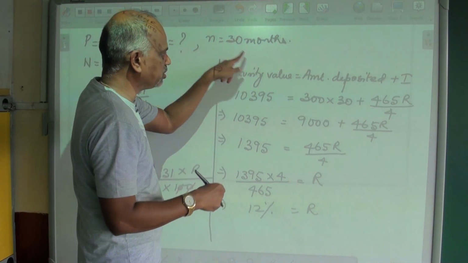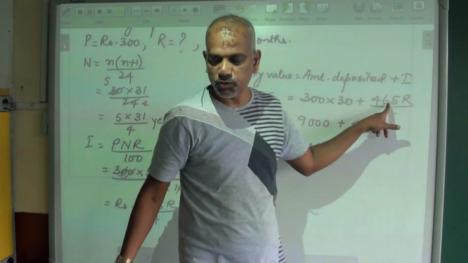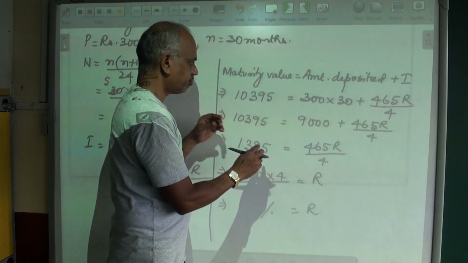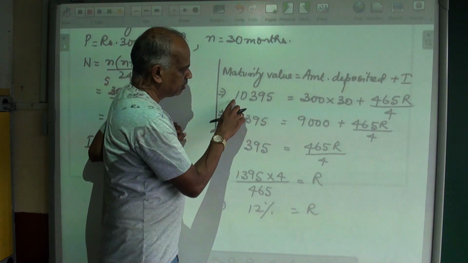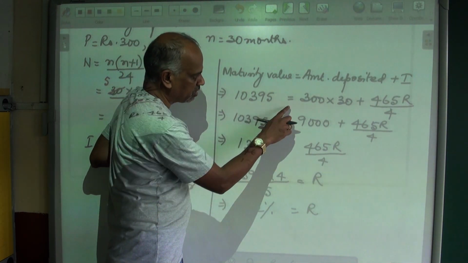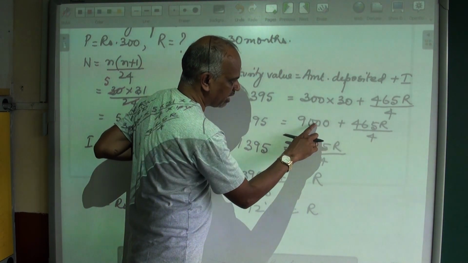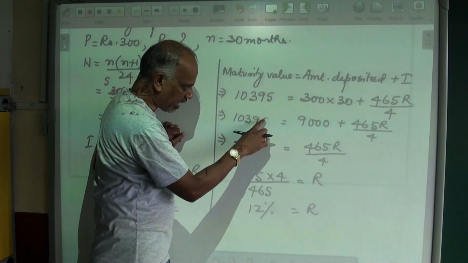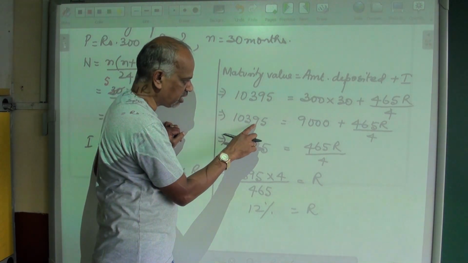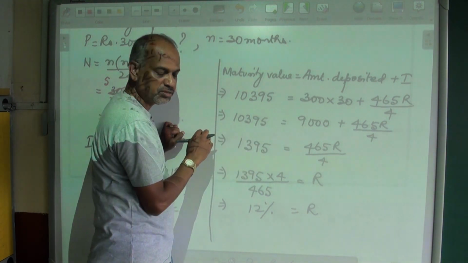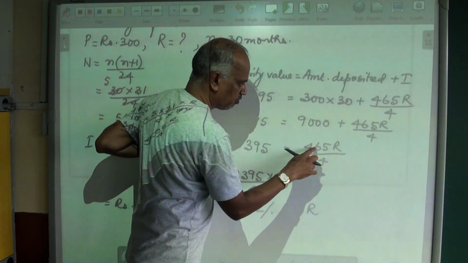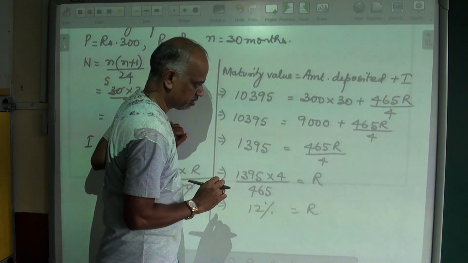So 300 into 30 plus interest, which was 465 R by 4. If you multiply this you get 9,000 plus 465 R by 4. You can take the 9,000 this side. 10,395 minus 9,000 gives you 1,395 is equal to 465 R by 4.